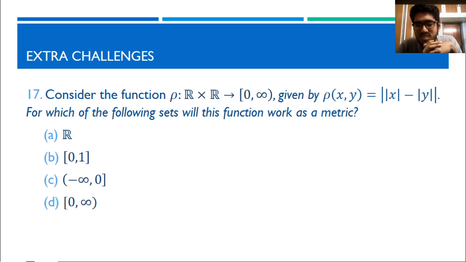That's interesting, Vivek. So rho of 1, minus 1 will be the absolute value of absolute value of 1 minus absolute value of minus 1, which will be equal to 0. We are in trouble.